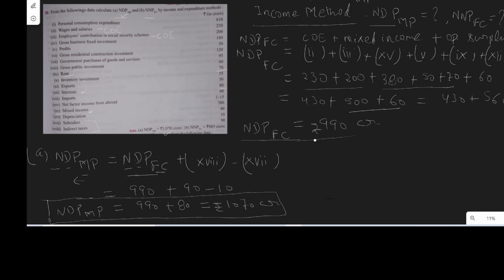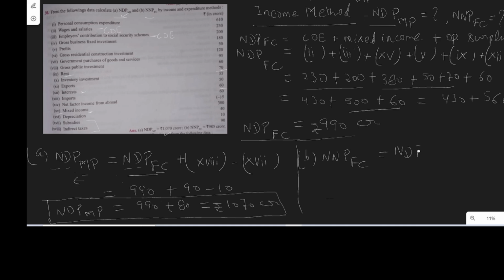Done. Now we have to find the second aggregate which was asked of us, that is NNPFC. To find it, either I can use this aggregate or I can use that aggregate. It's up to me. Okay, let me take A, which I have obtained now. You can take NDPFC as well.